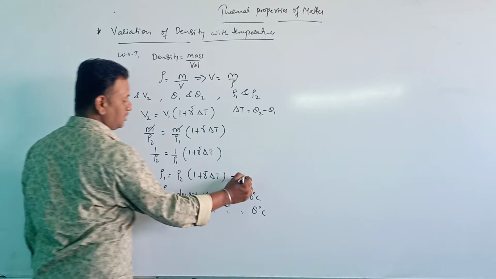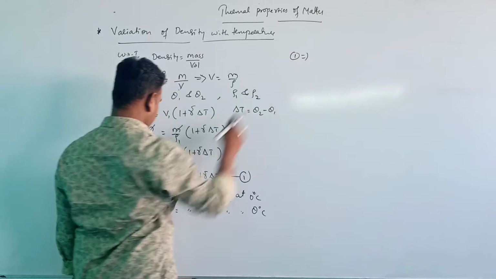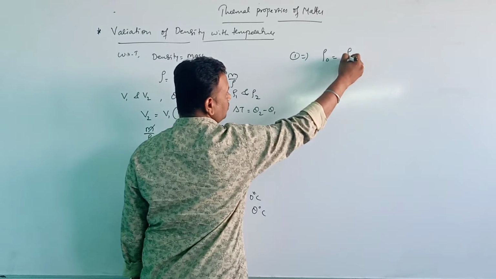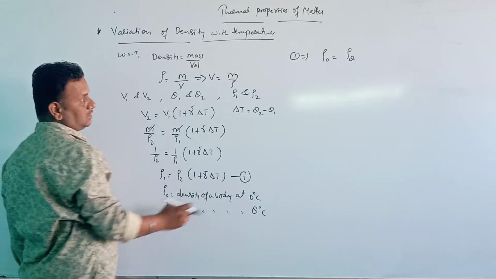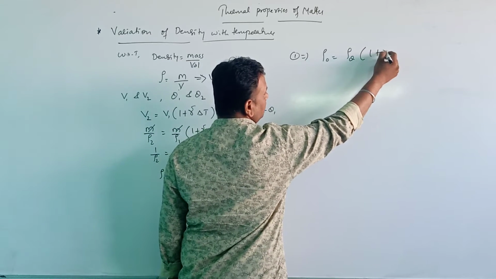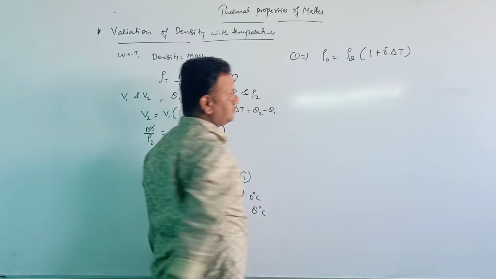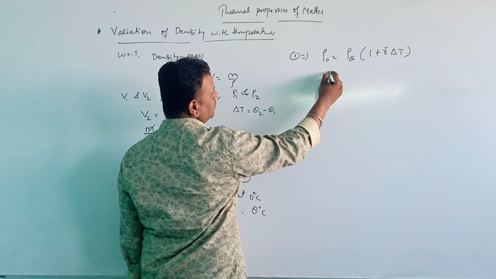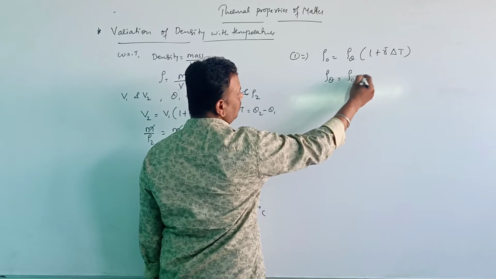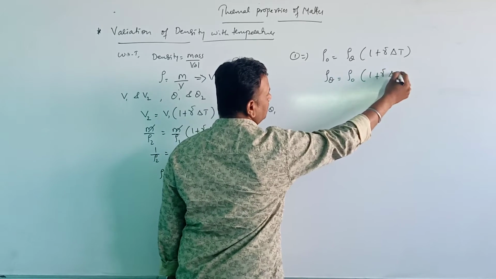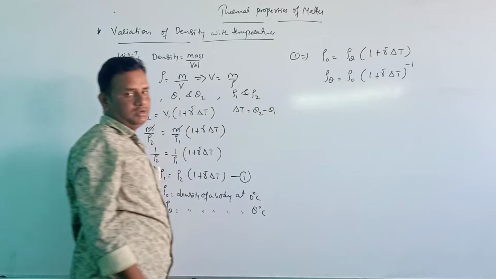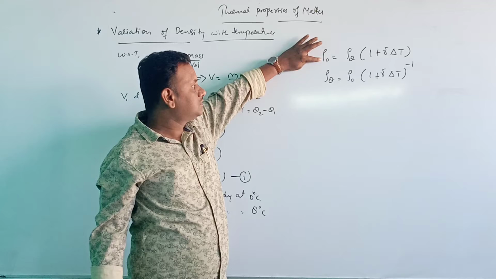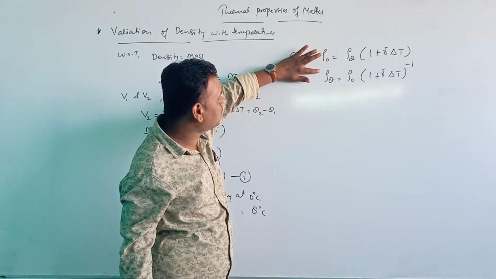Now this equation becomes rho naught is equal to rho theta into 1 plus gamma into delta T. Or we can also write this as rho theta is equal to rho naught into 1 plus gamma delta T to the power of minus 1, because taking rho theta to the left side, it comes to the reciprocal.